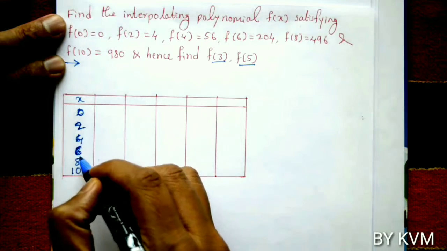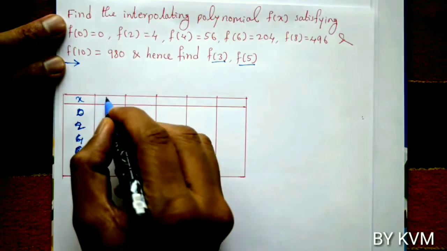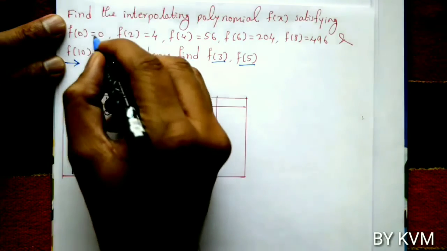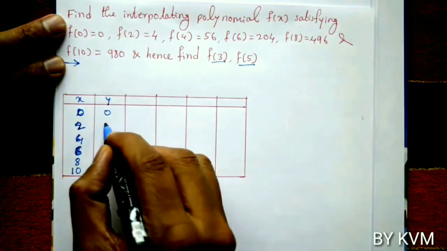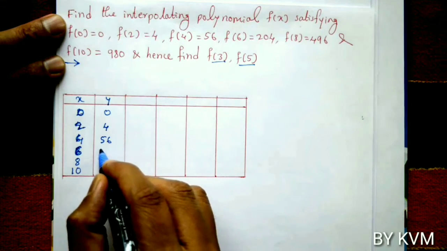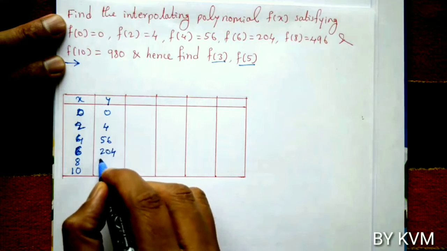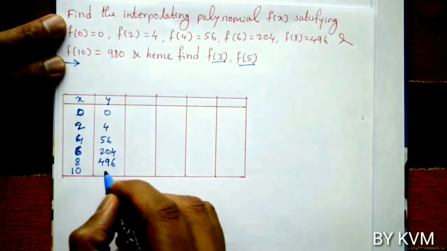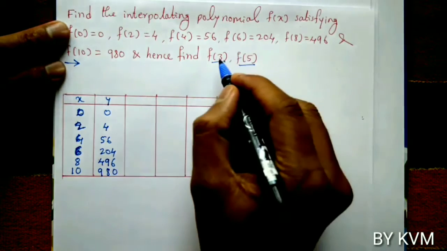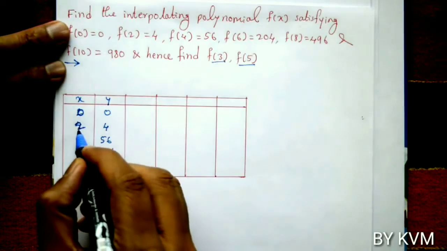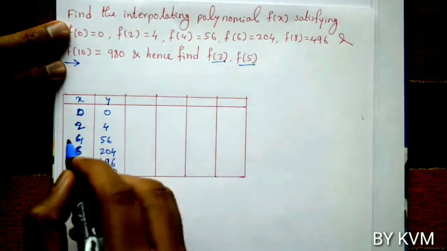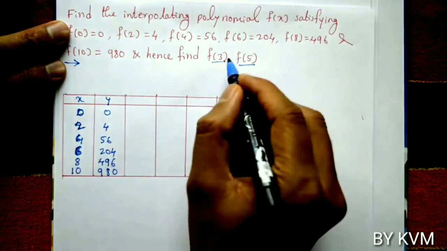So now we have to construct the finite difference table or forward difference table. Write down x and the corresponding y values. f of 0 equals 0 means when x equals 0, y equals 0; f of 2 equals 4 means when x equals 2, y equals 4; f of 4 equals 56 means when x equals 4, y equals 56; f of 6 equals 204 means when x equals 6, y equals 204; f of 8 equals 496 means when x equals 8, y equals 496; f of 10 equals 980 means when x equals 10, y equals 980.